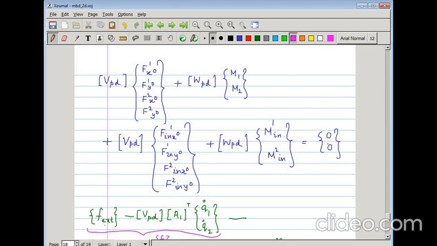These are the two equations combined. Now these terms are coming from the externally applied forces and couple moments. So we call it F external.